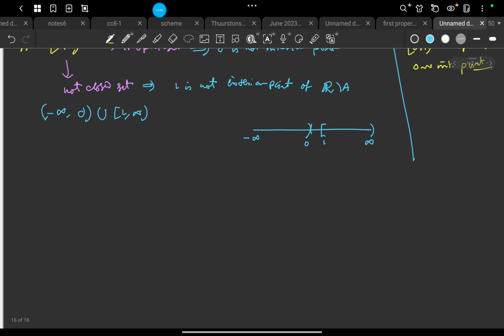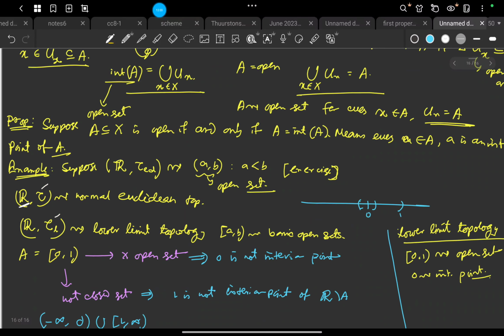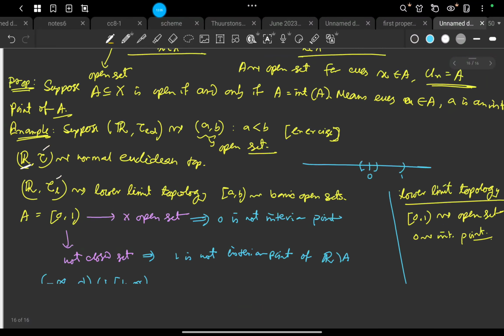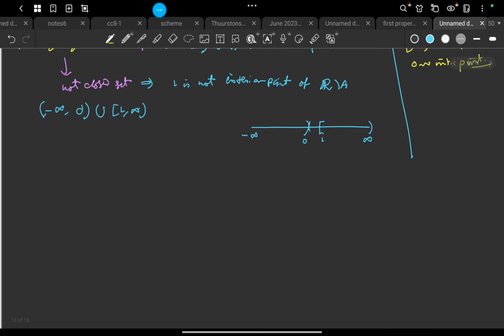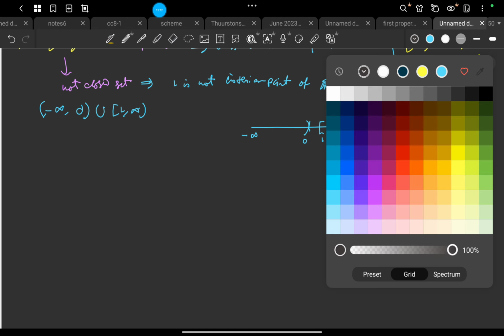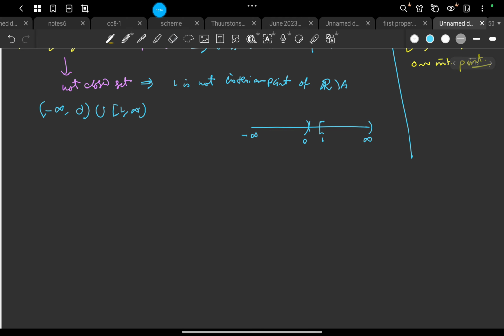Now, what is a limit point? It is a different kind of property. Suppose (X, τ) is a topological space.